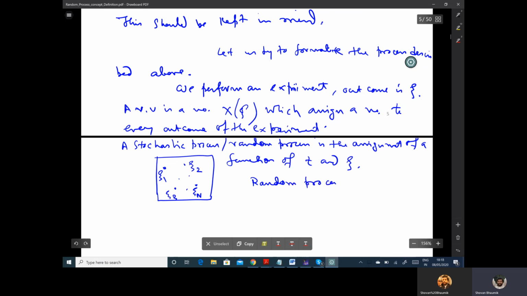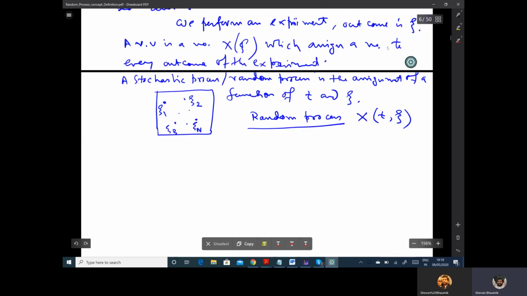This is important. A random process is a function of time and zeta. So if zeta is zeta 1, then as t varies, one realization will come. So we have to emphasize that a random process is a function of t and the outcome of an experiment. So x(t, zeta) is a random process.